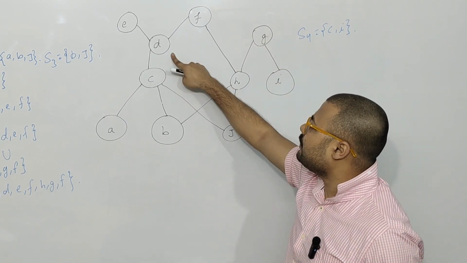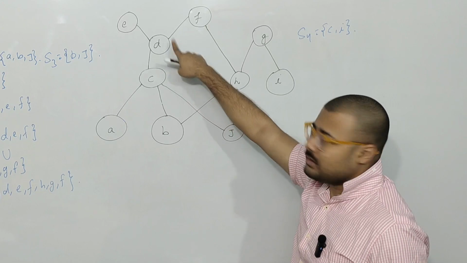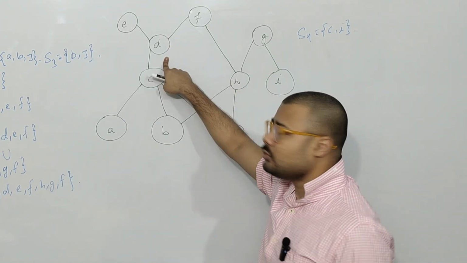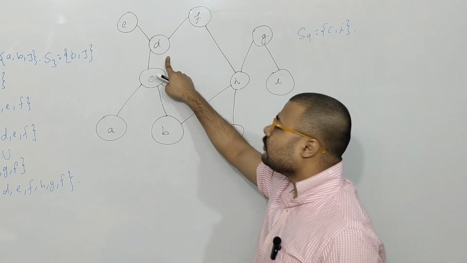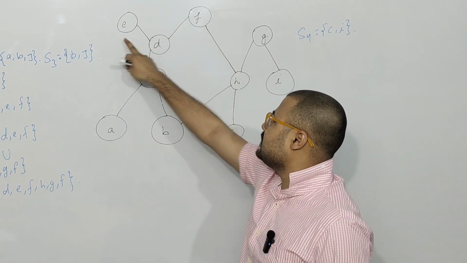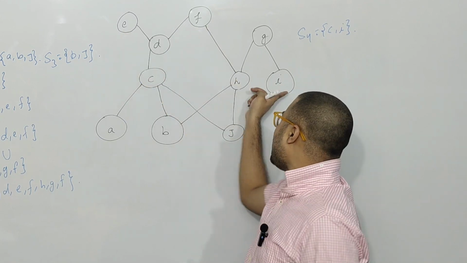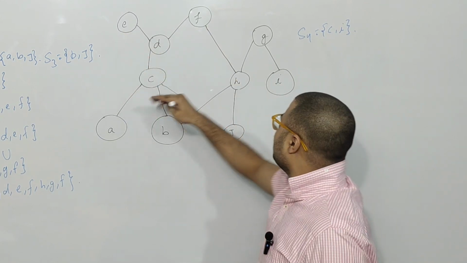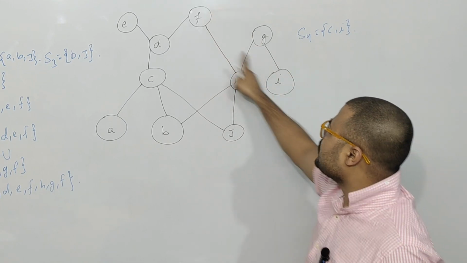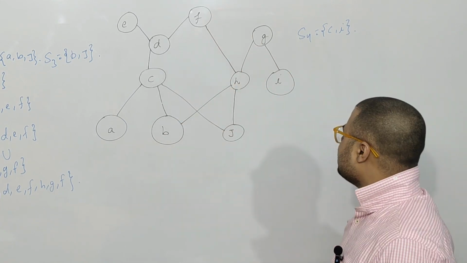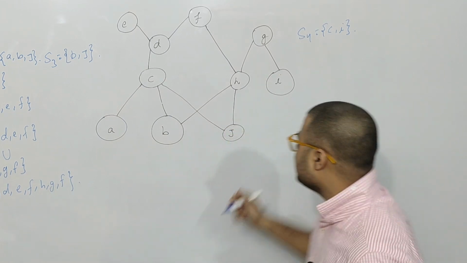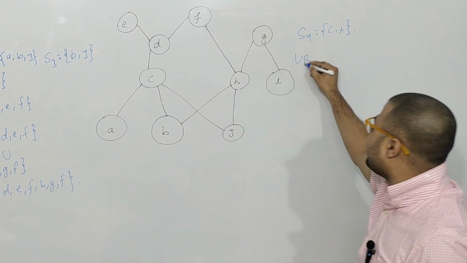Similarly, one step above C is D. I is not related to D, so D is also not a joint point. Two steps above C is E; I is not related to E. Two steps above C is F; I is not related to F. So they do not have any joint point. So the upper bound of S4 is empty.